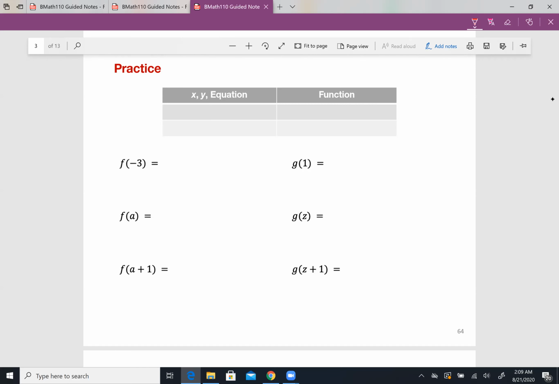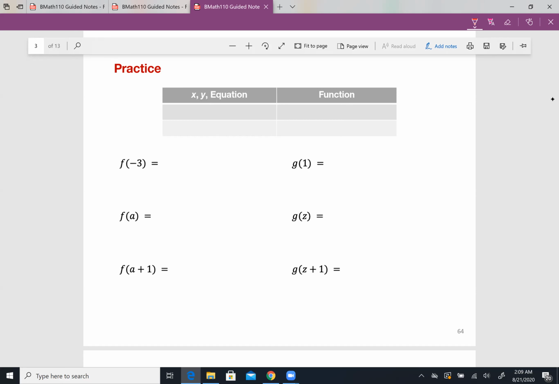Okay, so in this practice, the left-hand side column is the equation using x, y variables, and the right-hand side is using function notation.